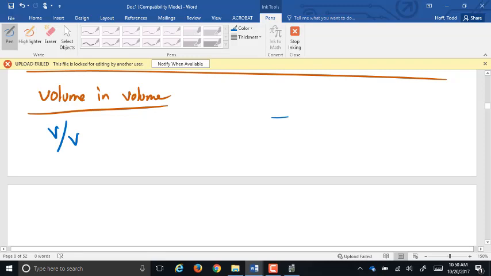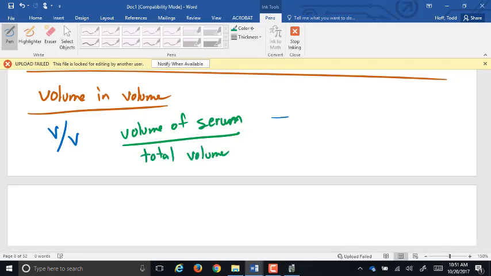We will always be comparing the volume of the serum or concentrate to total volume.